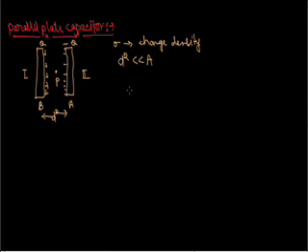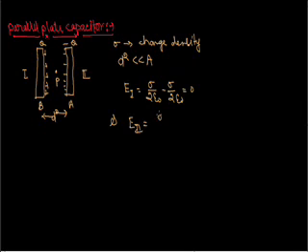So E1 will be 0, because sigma upon 2 epsilon minus sigma upon 2 epsilon is 0. Similarly the electric field outside, on side 2, is 0.